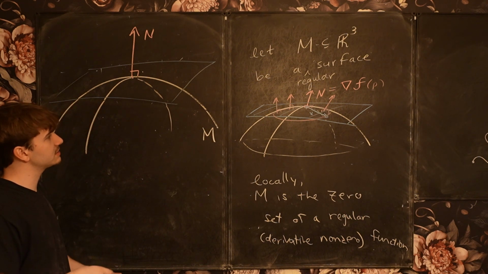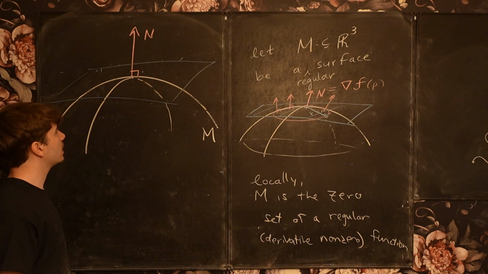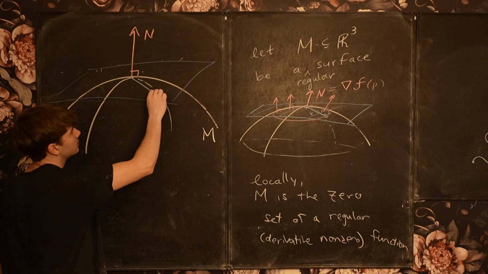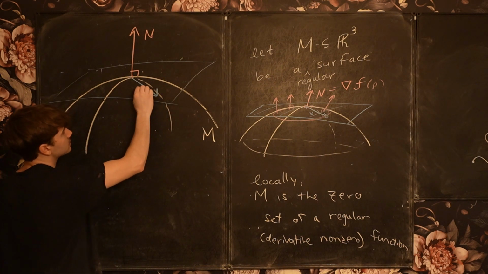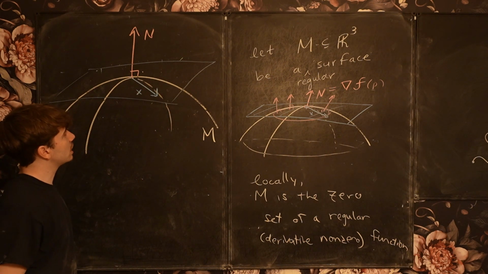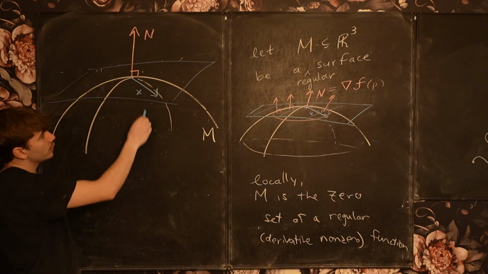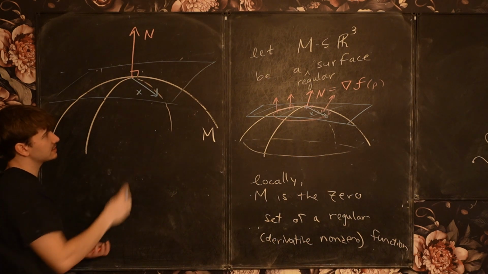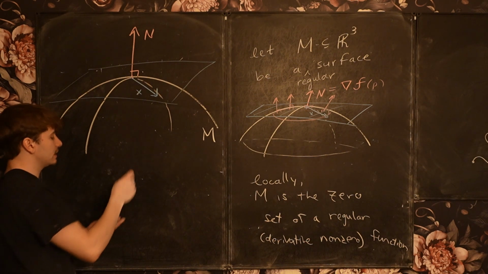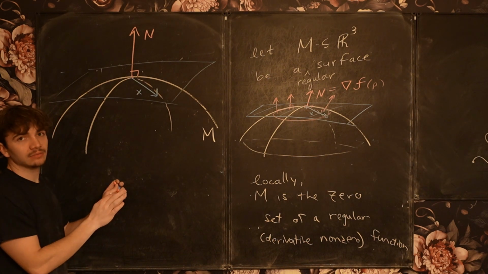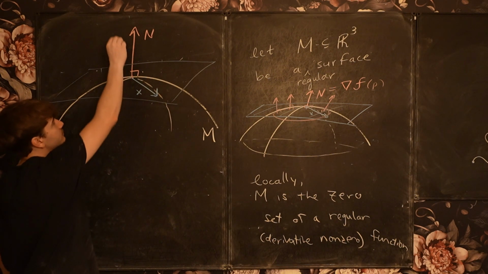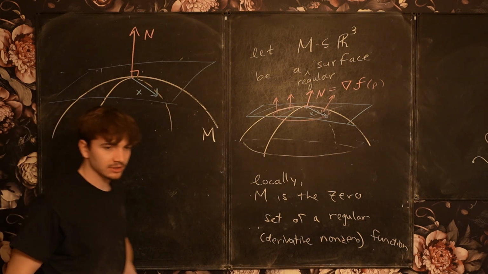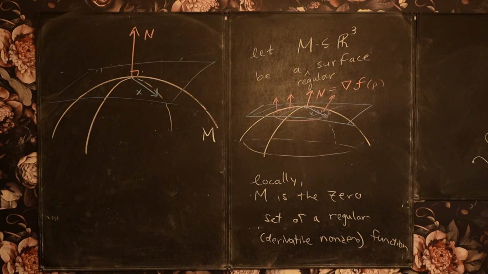So the idea is that I'm going to take a vector in the tangent plane. So let's call this vector x. Now there's going to be a curve through this vector in the tangent plane. And essentially the idea is that if I slice this surface M along the plane generated by x and n, let me get a new color now.